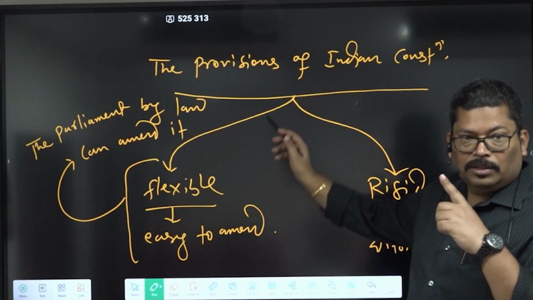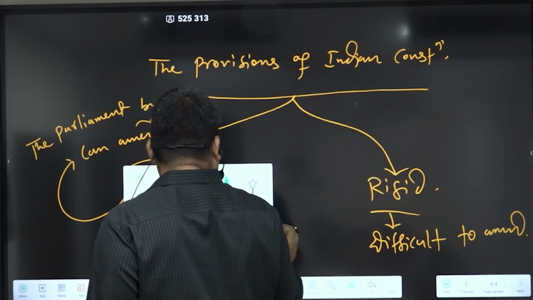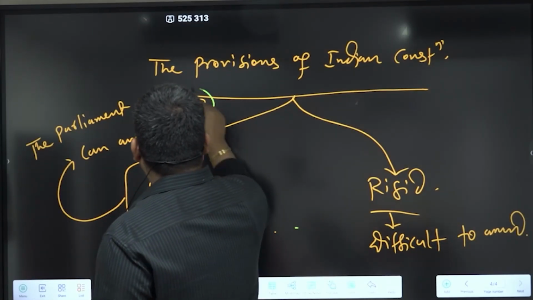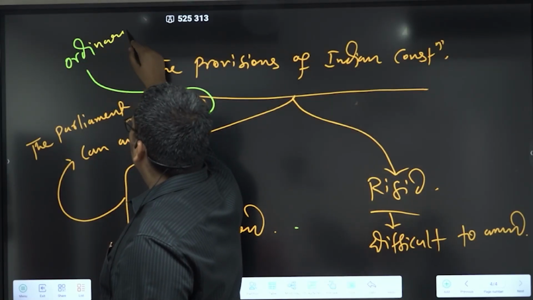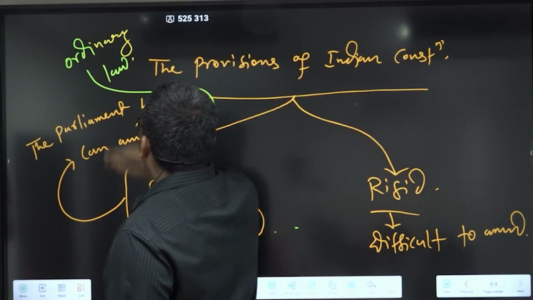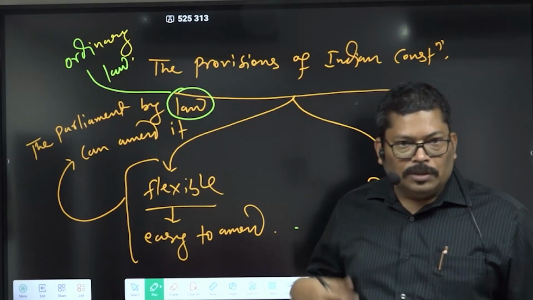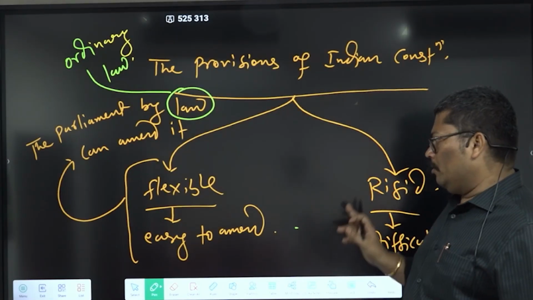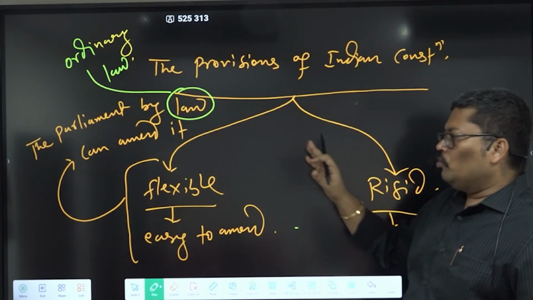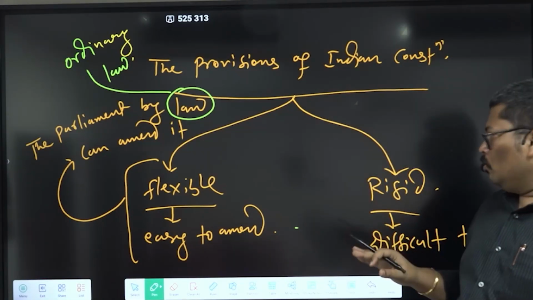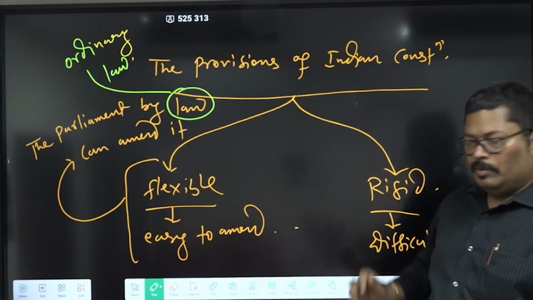Remember, law means ordinary law. When it comes to carrying out amendment across rigid provisions, remember again, the Parliament will be amending them, but not through law. Parliament by law cannot amend the rigid provisions. It can amend only flexible provisions.